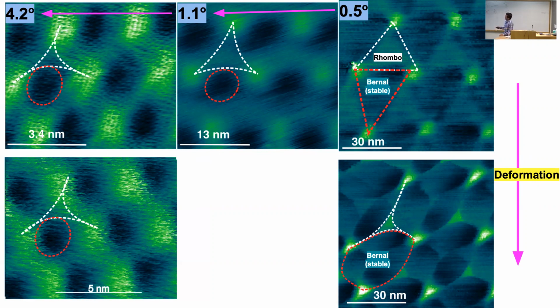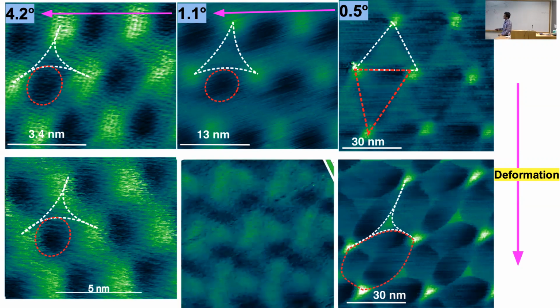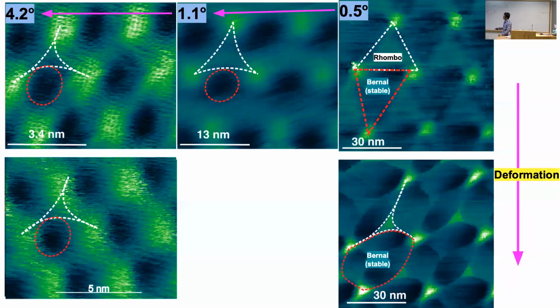Now, when you apply deformation on Moire patterns, it adds strain energy to these surfaces. The addition of the strain energy is going to act in favor of the stable regions. So the stable region will grow in size and the unstable region will shrink in size, just to accommodate this extra strain energy that I'm applying by deformation.